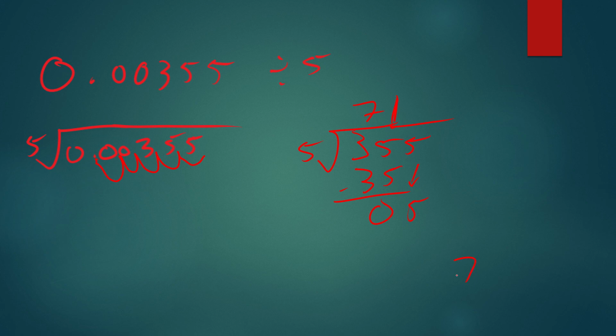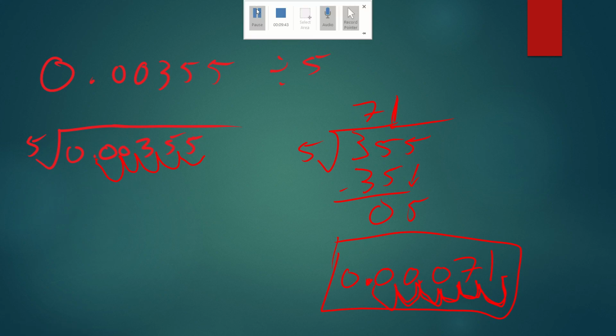So we're going to write 71, and now we're going to go 1, 2, 3, 4, 5, and then the decimal. So my answer here is 0.00071. I went 1, 2, 3, 4, 5, and then I put my decimal right here, and I got the answer.